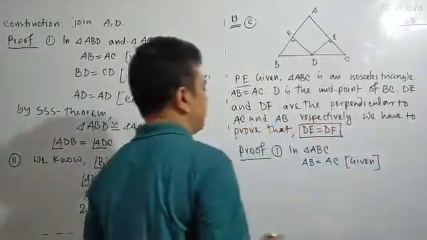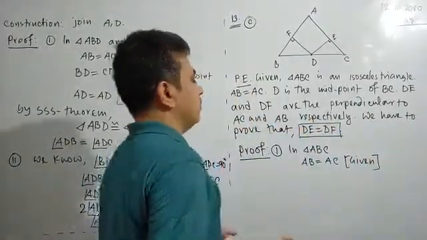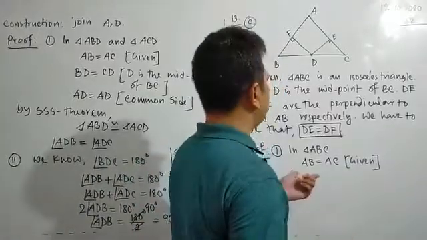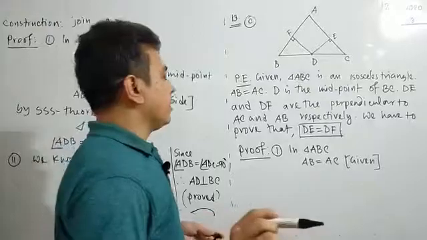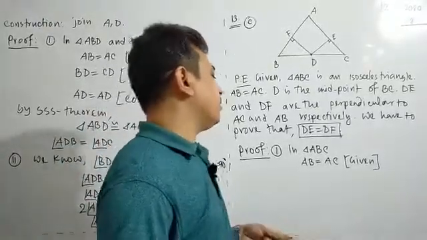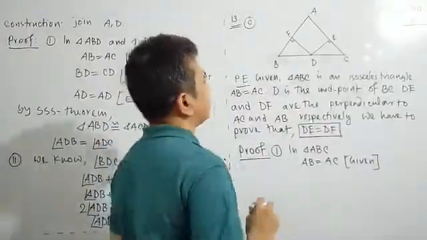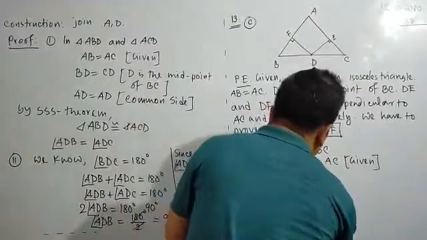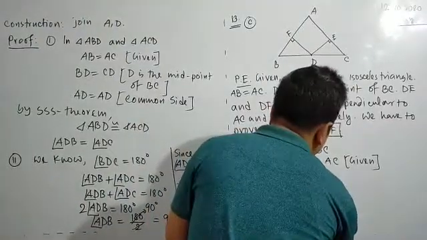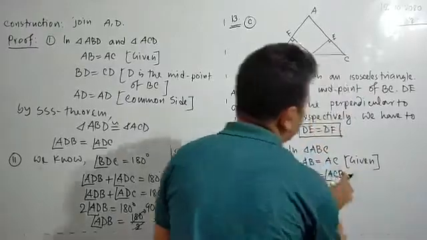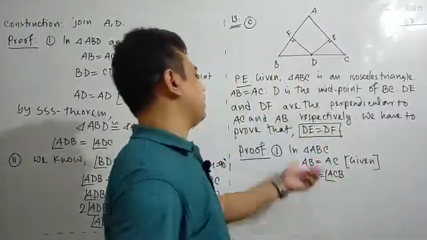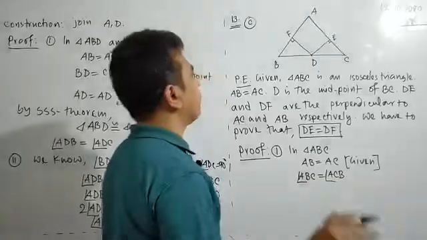It's given in the question. So AB equals AC. In a triangle, if two sides are equal, their opposite angles must be equal. So we can write directly ABC angle is equal to ACB angle. Or you can write ACB equals ABC, no problem.